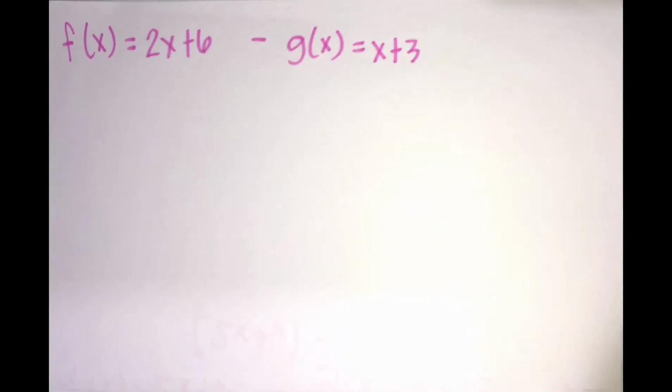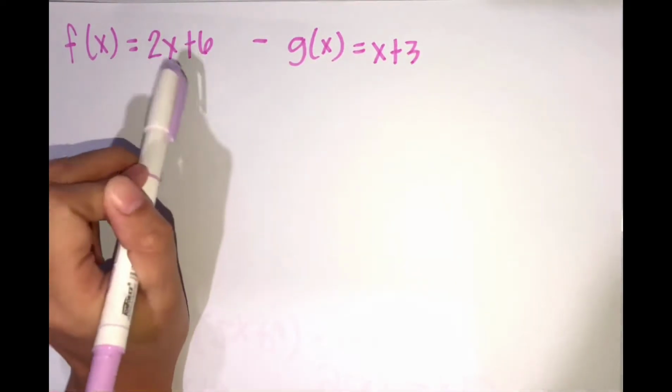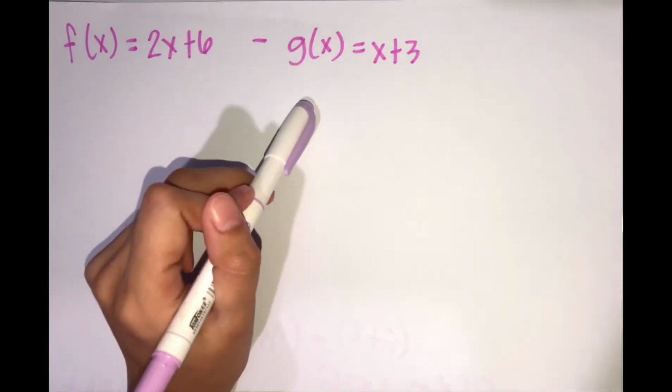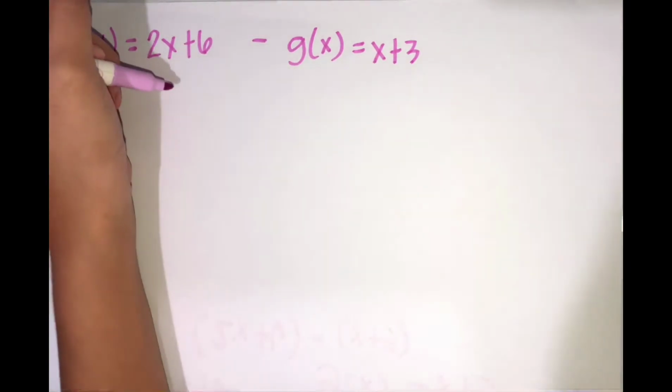For our letter B, our next operation is subtraction. Let's find letter B, quantity of f minus g of x. Here, we have f of x that is equals to 2x plus 6 minus g of x equals x plus 3. Then substitute.